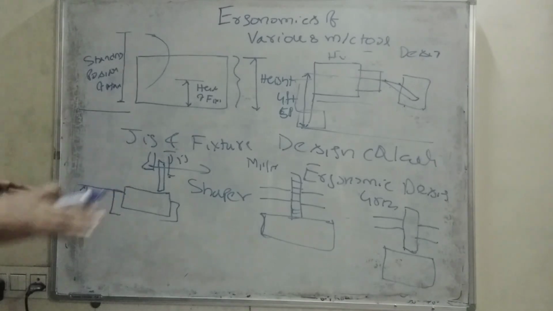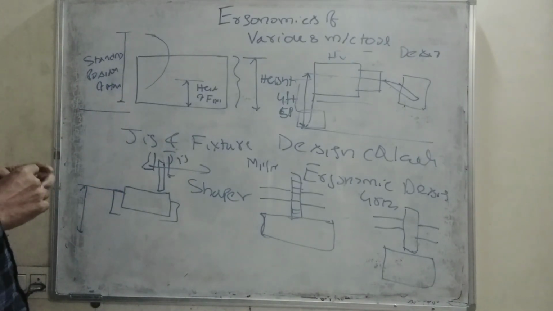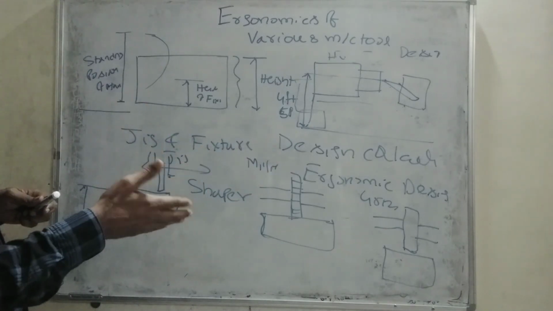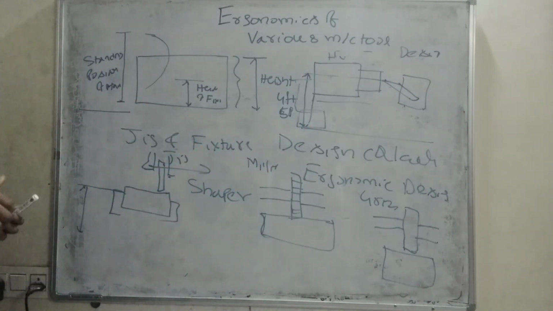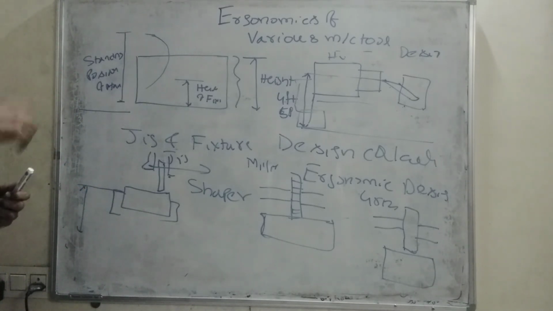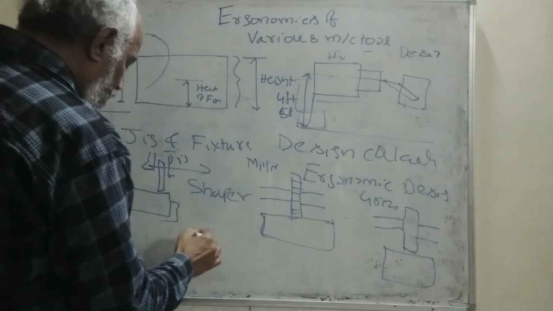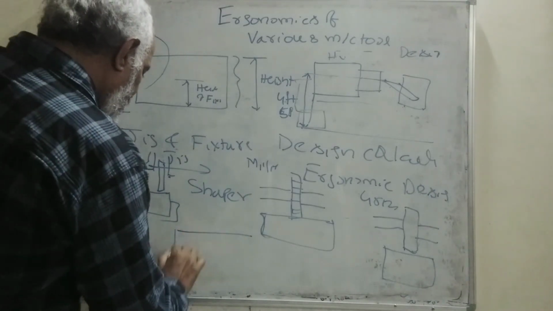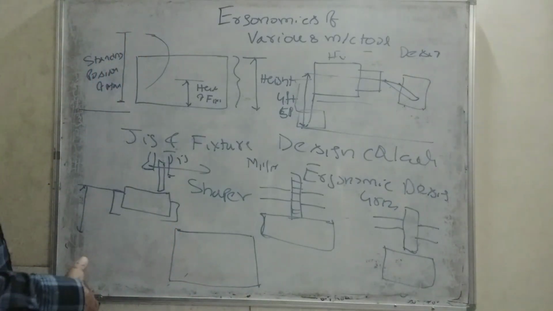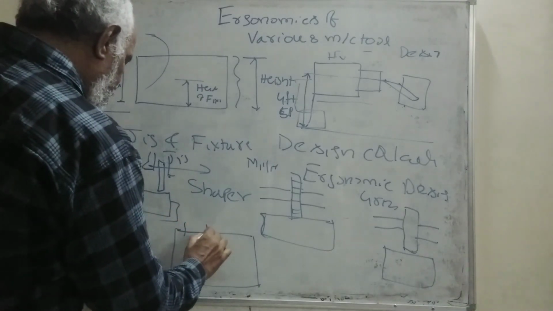Like that, we can plan the ergonomics of various machine tools. Not only the grinding machine, we have the broaching machine. Broaching machine means what? You can see normally in the first year workshops, the height of the table is decided by you standing before the table, and on this table we fix the fixture.